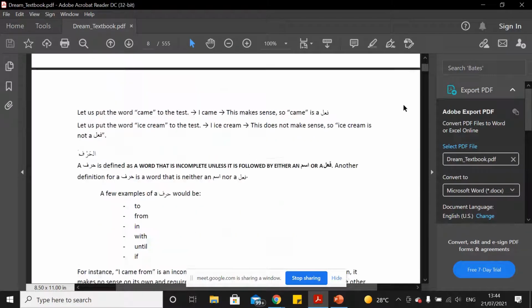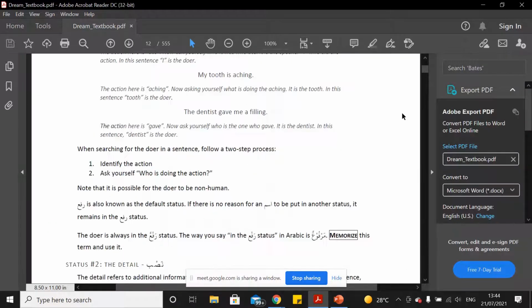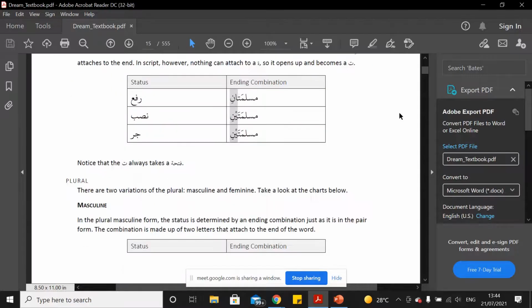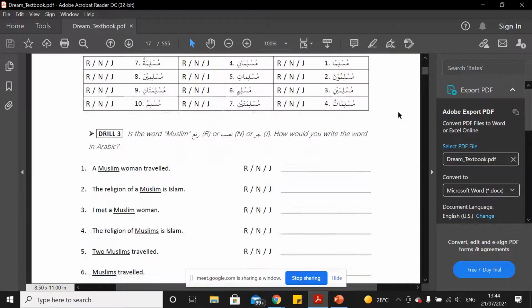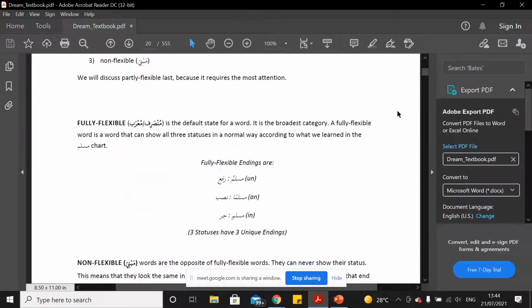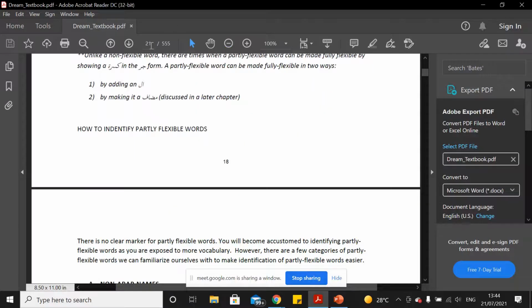Where do we have the jar majroor list? Let me scroll down. Page 24.